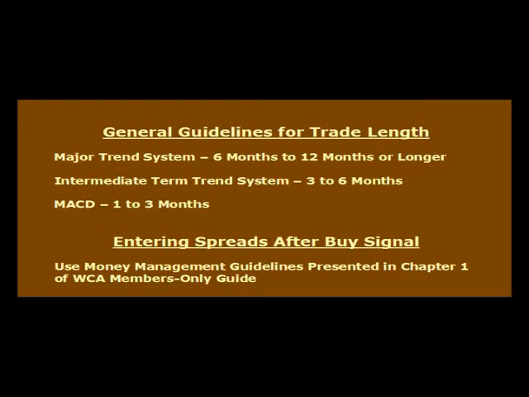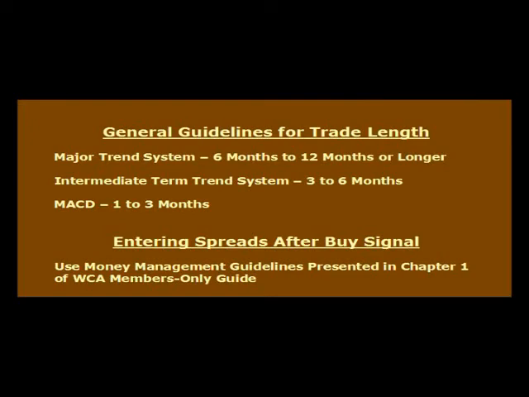Many times I will initiate a bullish call option spread on a stock after a buy signal occurs, which is the crossover of the moving averages. I will then use the money management guidelines presented in Chapter 1 of the Wealth Creation Alliance Members Only Guide to close out an option position.